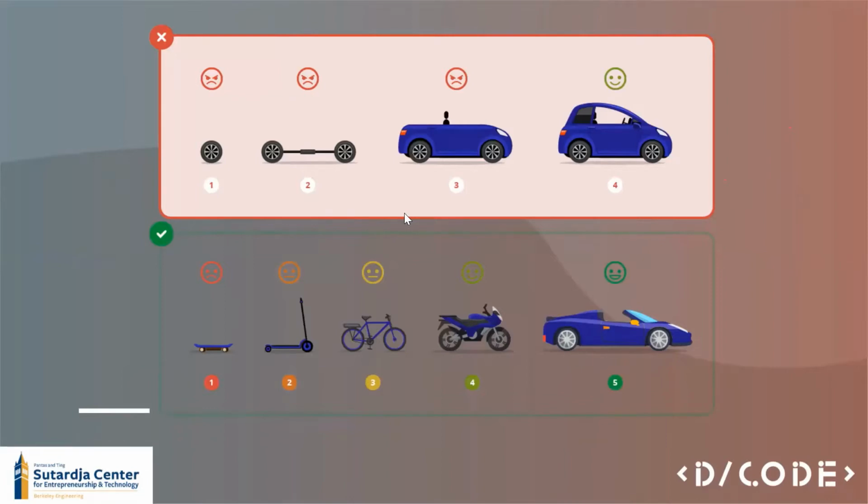So the bottom portion is a good example of the MVP, and the top version is pretty bad. What we can learn from this example is to keep in mind what your goal is while creating your own MVP. As you can see in the bottom picture, each of the machines is able to meet the goal, which is to provide transportation as a vehicle. On the other side, the top pictures are not able to do so.